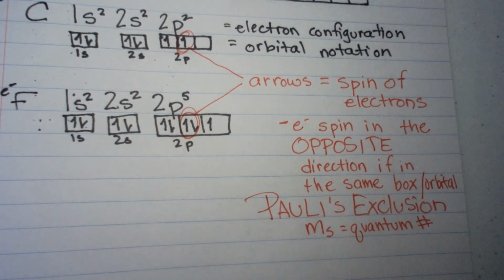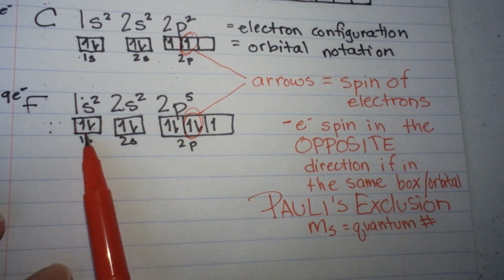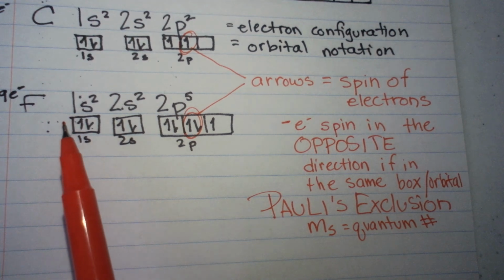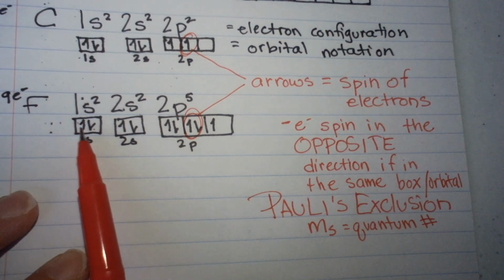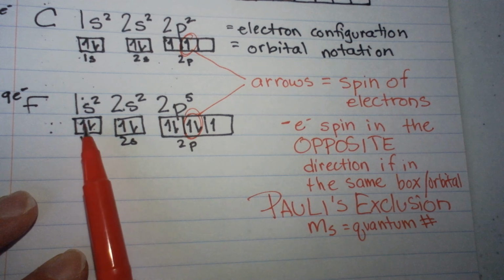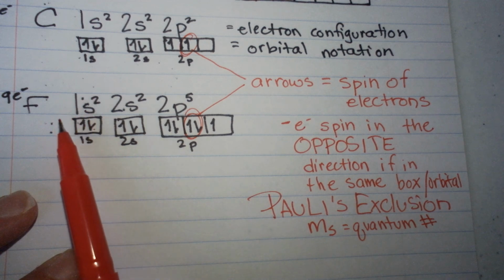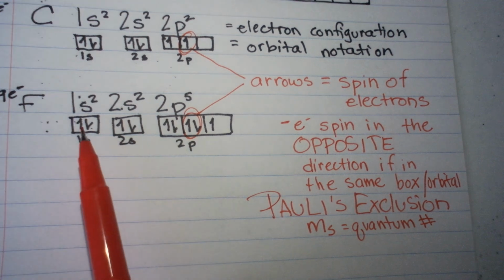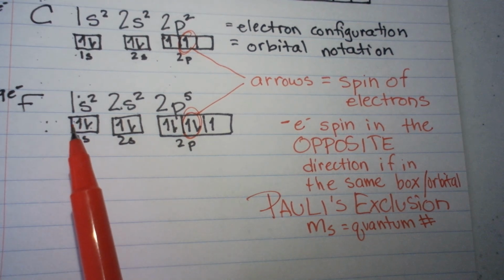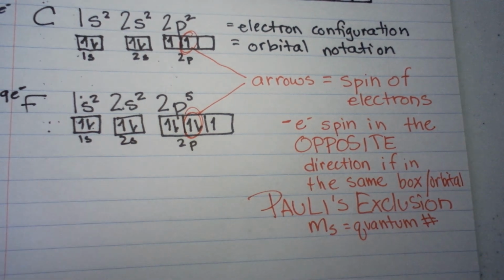We as normal humans or even normal chemists are not going to look at a single electron in a single atom. It's sort of for conceptual purposes. So this electron has an up spin, which is different than this electron, which has a down spin, even though they're both in the 1s orbital. Does that make sense? It's kind of technical, kind of specific, but I think we can think about that.